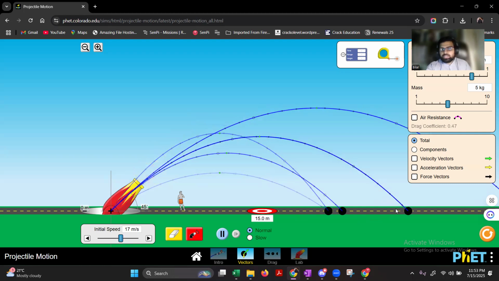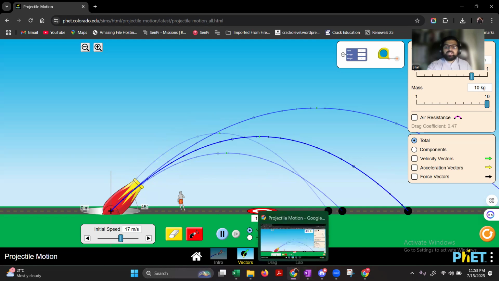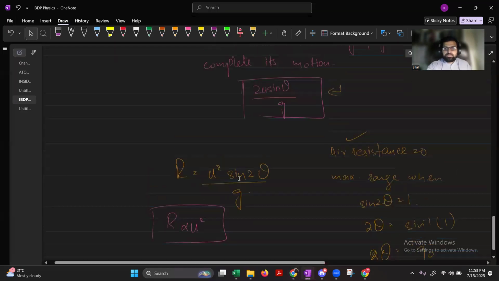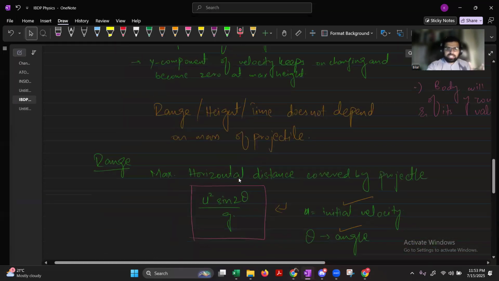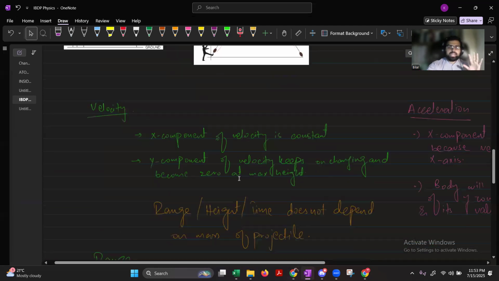Now you can see the range is also greater than at 15 meter per second. If I change the mass, let's say the mass is 10 kg, you can see we will get the same path because I told you mass is independent in this whole picture. So this is the basics about these parameters: range, height, and time.